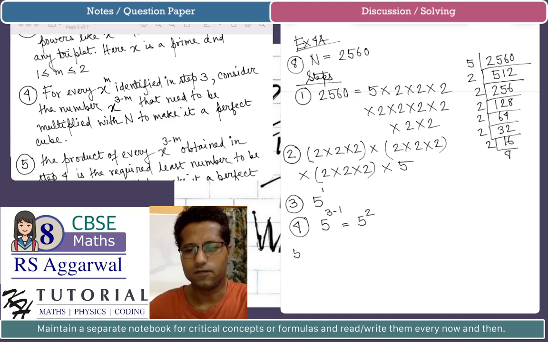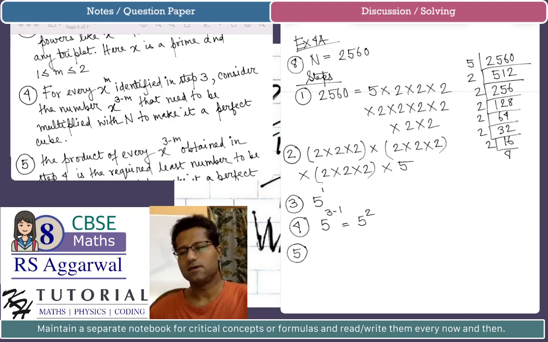What is the final step? The product of all the x to the power 3 minus m found in step 4 will be the least number to be multiplied with the given number to make it a perfect cube.